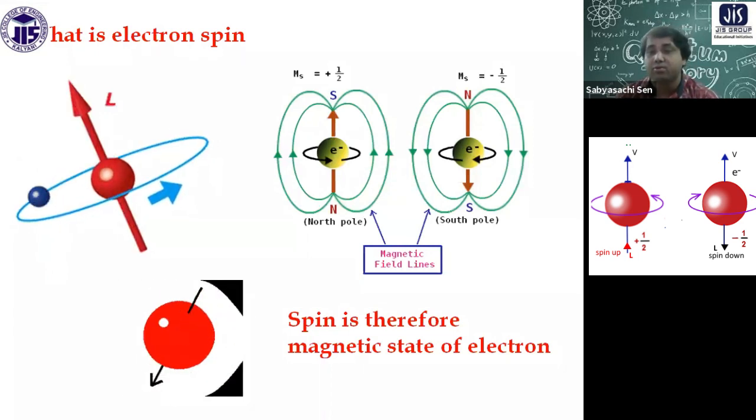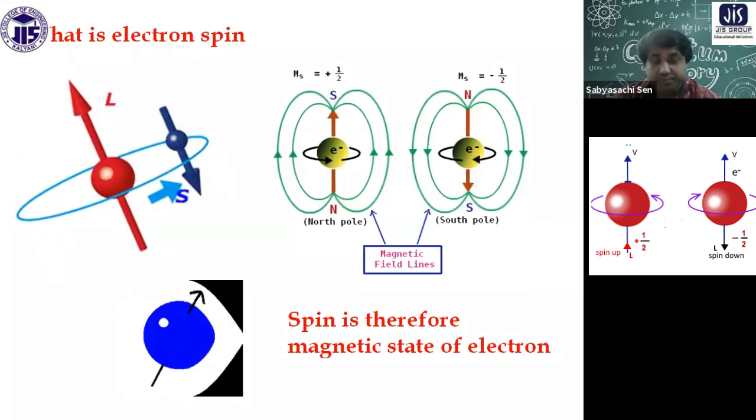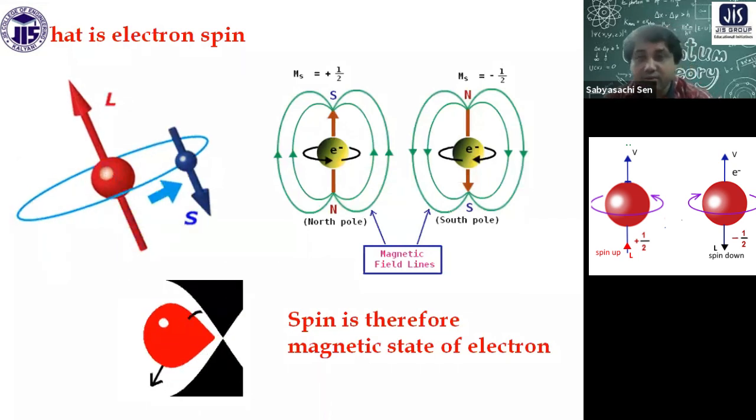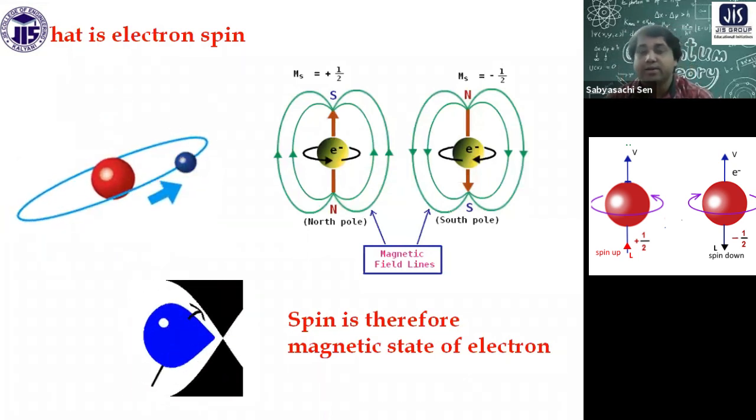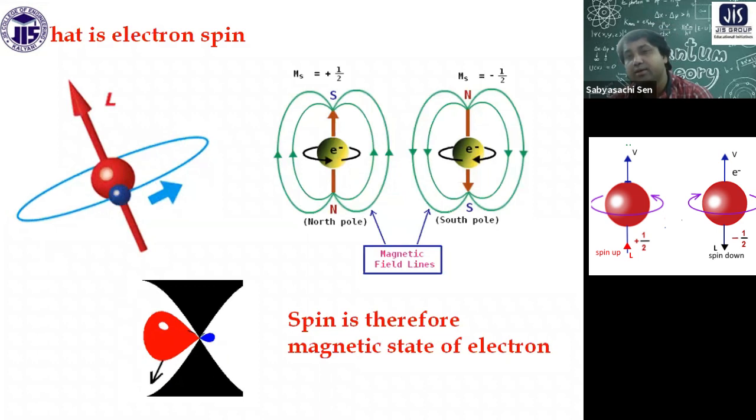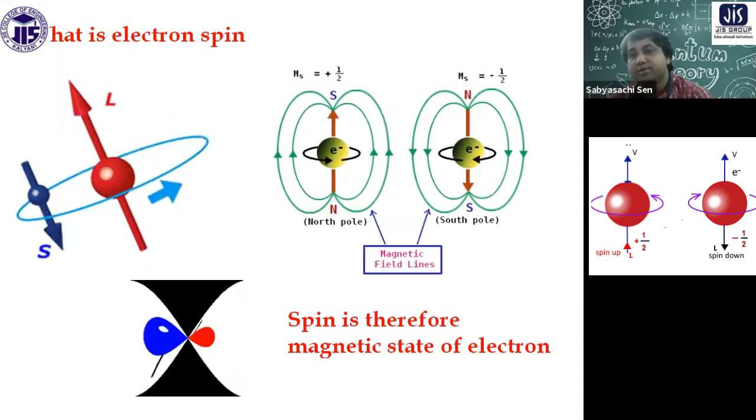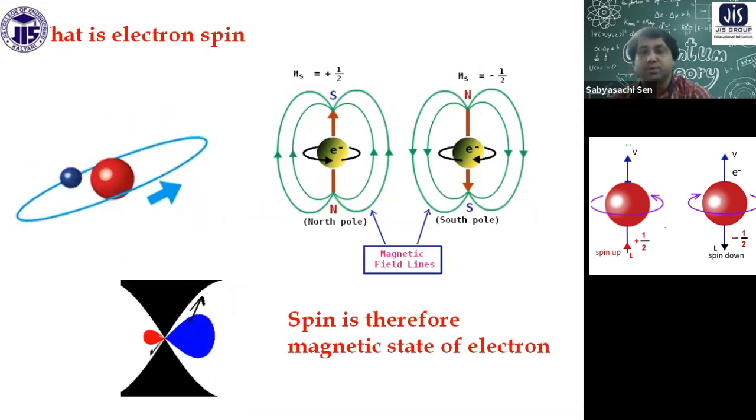Two magnetic states are possible. There are two spin states. If the lines of force are moving up, you may call that the up spin, or if the lines of force are moving down, you may call it the down spin state.